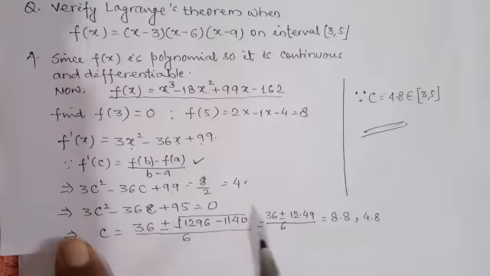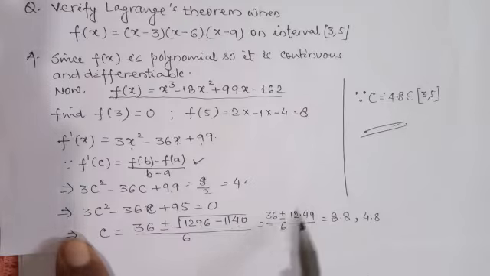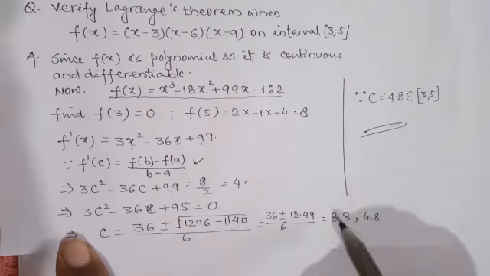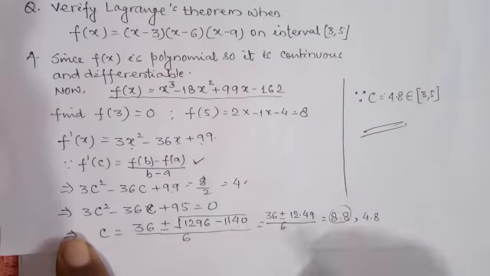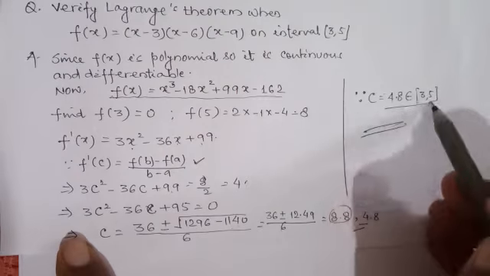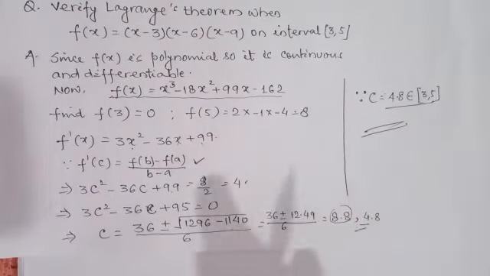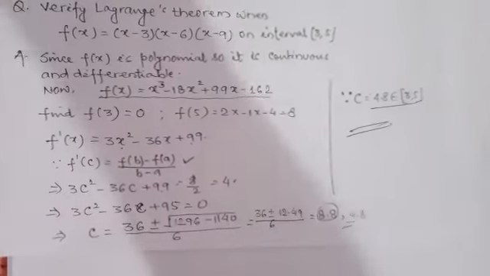Simplifying this, you will get 36 plus or minus 12.49 over 6, and on addition and division it should be 8.8 and 4.8. 8.8 does not belong to the interval, but 4.8 belongs to the interval. Therefore c is equal to 4.8, which obviously belongs to (3, 5), which verifies Lagrange's mean value theorem.